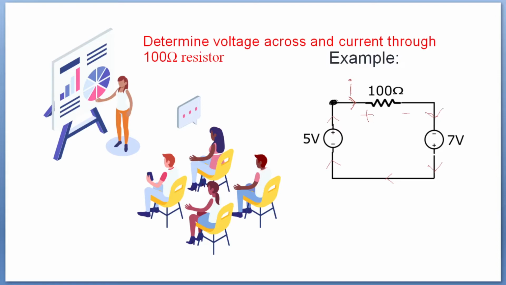Positive sign indicates it is at high potential and negative indicates it is at low potential. So current flows from high potential, that is positive terminal, to low potential, that is negative terminal. This is the third step you have to do.